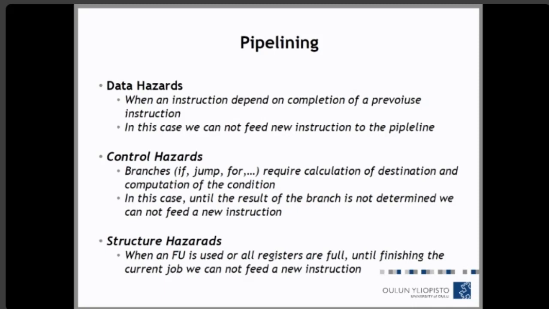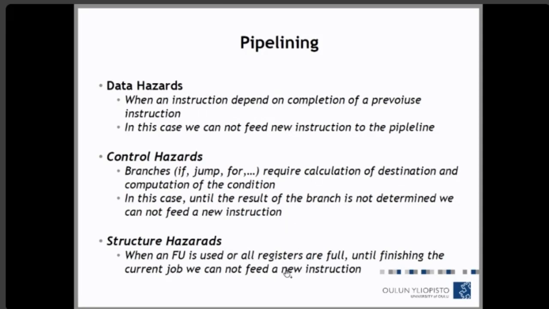It's usually the case that those computations are still in the pipeline while we want to decide whether we are taking this if, or not taking it and jumping to some other place. So that forces us to stall the pipeline.